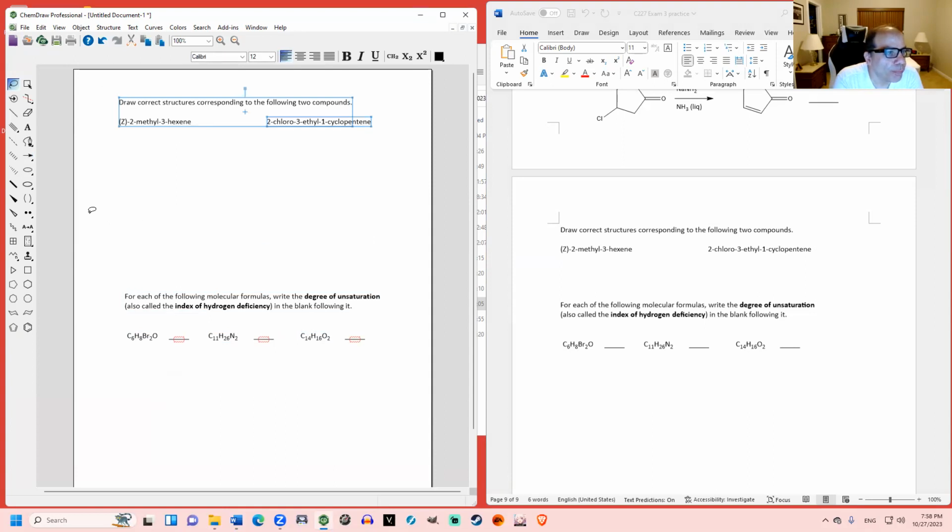So structures corresponding to those names. First, Z-2-methyl-3-hexene. One, two, three, hexene.